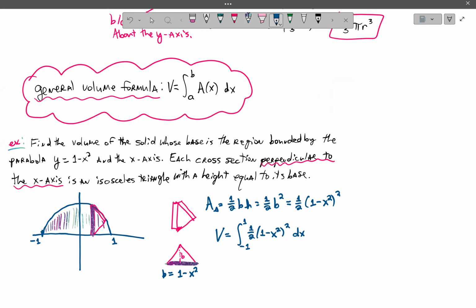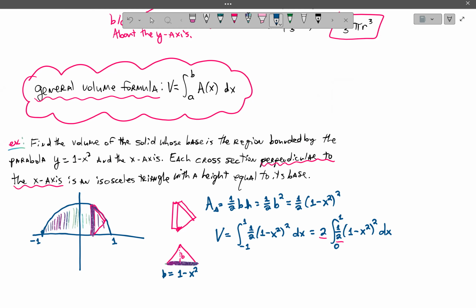So to make this a little easier for myself, I can say, actually, let's start at 0, because from 0 to 1 and -1 to 0, I have exactly the same things going on. So I'll say 2 times 1/2 times that integral from 0 to 1 of 1 minus x squared squared dx. Now this 2 times 1/2, they cancel each other out.